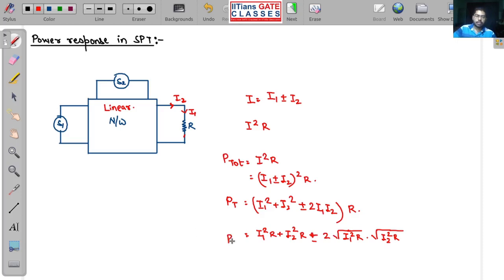Now what is P total? If individually the source 1 was acting, what was the power absorbed through this resistance?